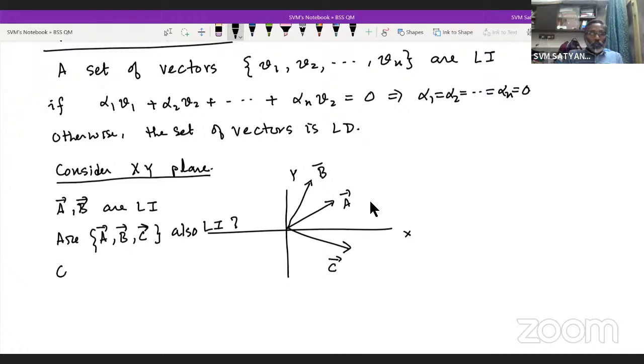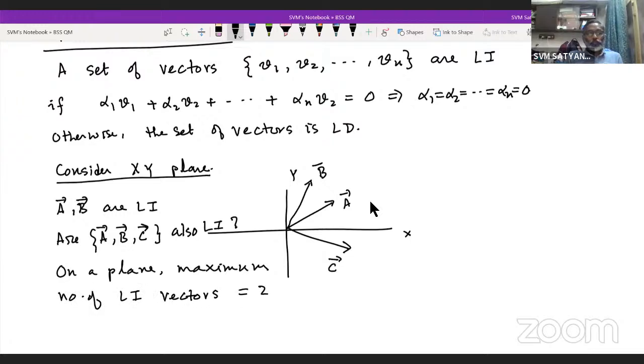So on a plane, the maximum number of linearly independent vectors is equal to 2. Any other vector can always be written as a linear combination of these two.